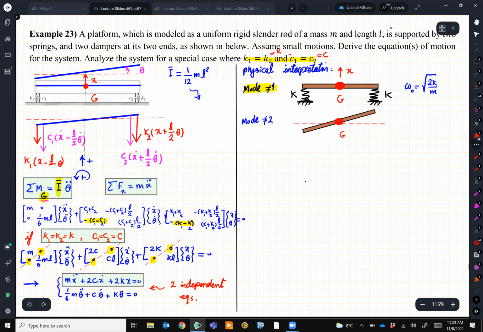And I only have pure rotation. So I have the springs. Again, they're going to be k, and my variable is theta. Okay, so it is pure rotation about G. Mode 1 is pure translation.